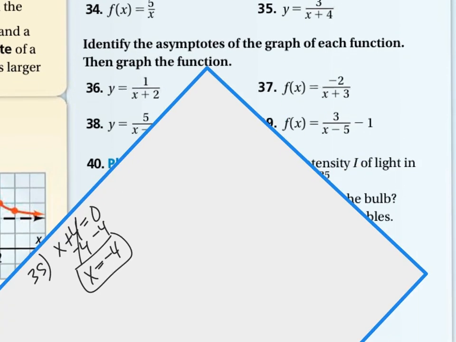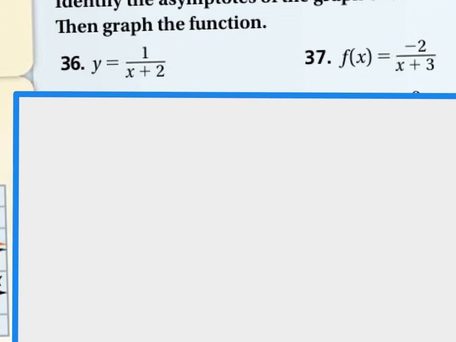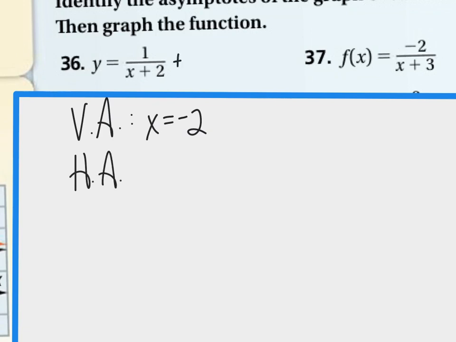Next part, we want to identify the asymptotes and then graph the function. So on 36, the vertical asymptote is what would make the denominator equal to 0, so that would be x equals negative 2. Horizontal asymptote, remember if nothing is back here, that's plus 0. And so that's going to be y equals 0.